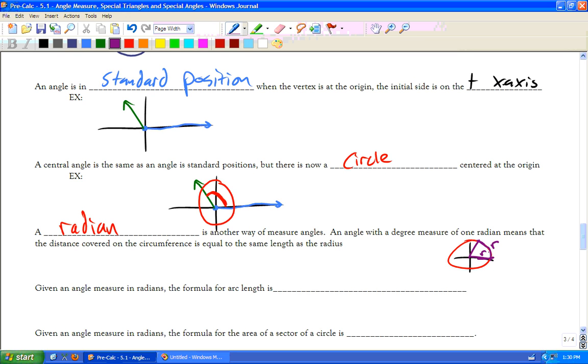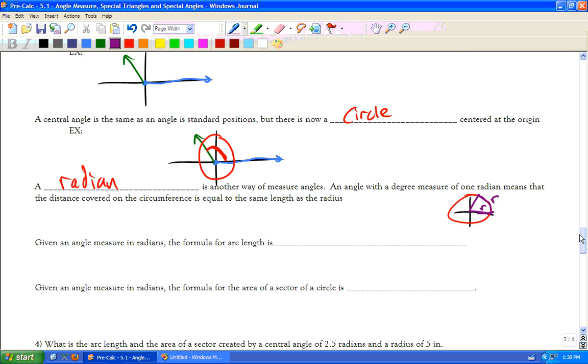When the arc created by a rotation of 1 radian is equal to its radius, you've rotated 1 radian. There are a lot of different ways to explain this, and it will probably get explained differently by each teacher. But again, the biggest thing is that the circle's radius is equal to the distance traveled around the circle. You rotated 1 radian.